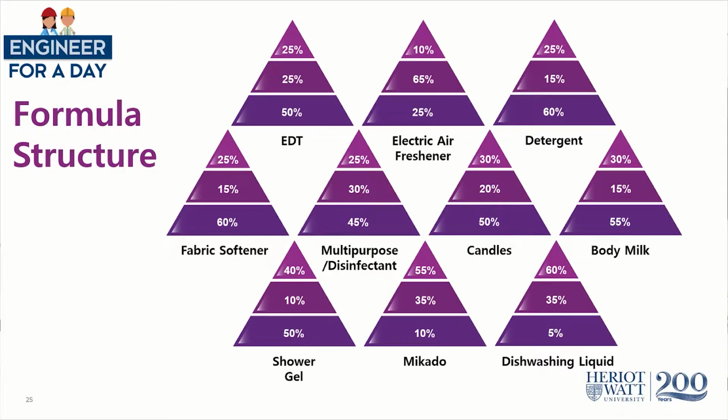And so you will see in the slides that we will share with you different recipes. For example, Eau de Toilette is usually 25% top, 25% middle and 50% base. However, for dishwashing liquid, 60% top, 35% middle, and the base just 5%, and so on.